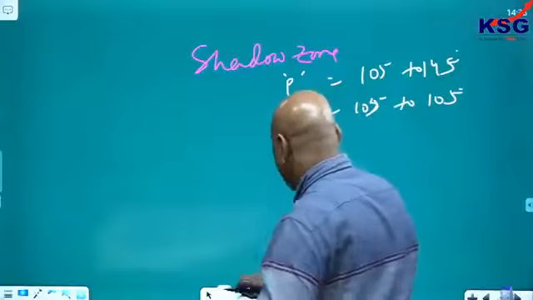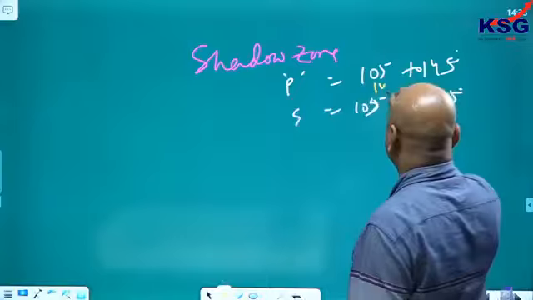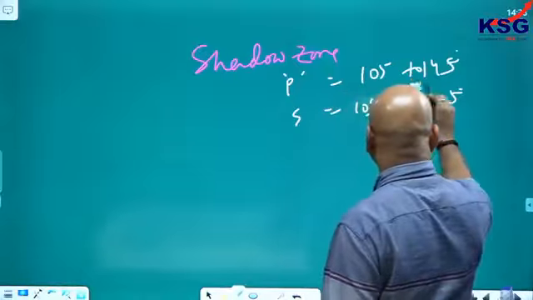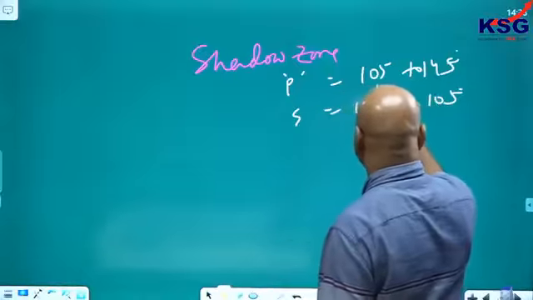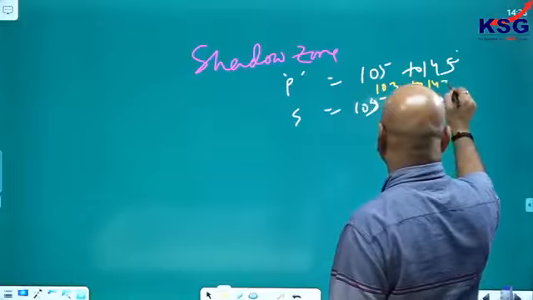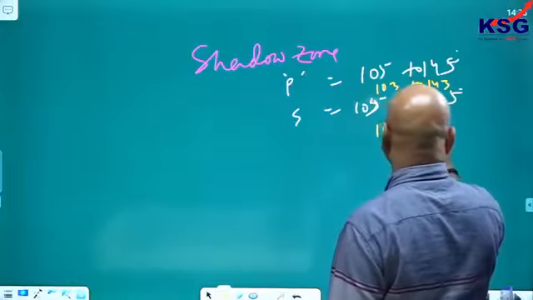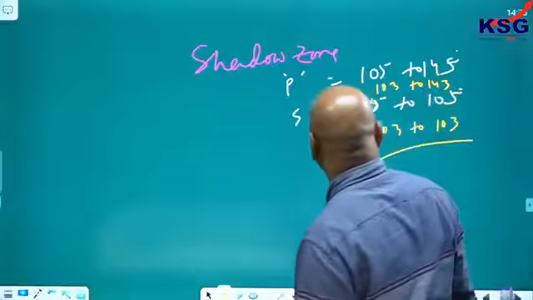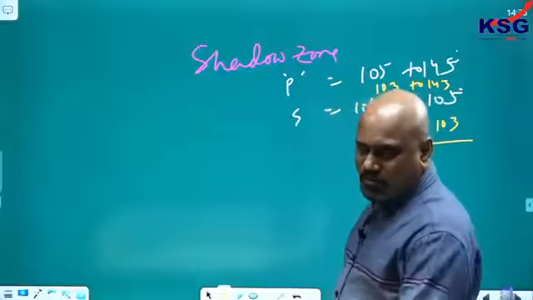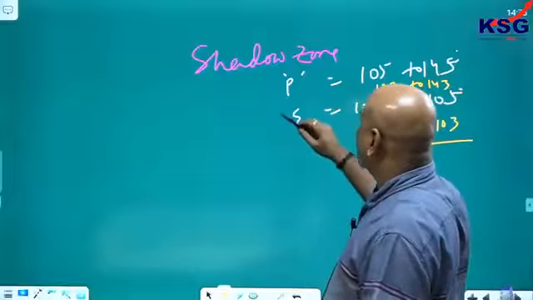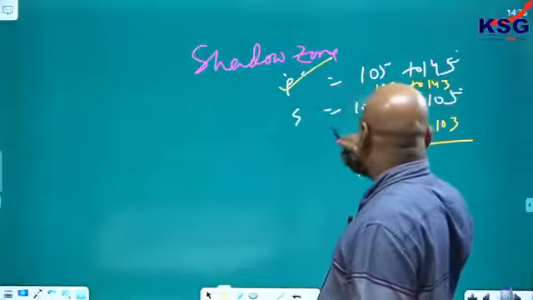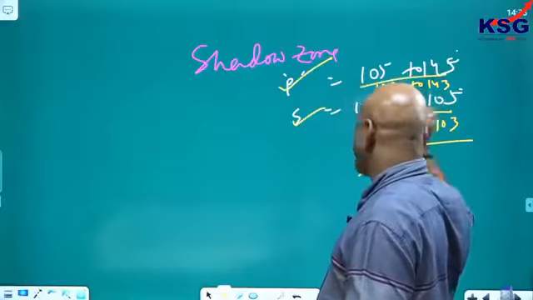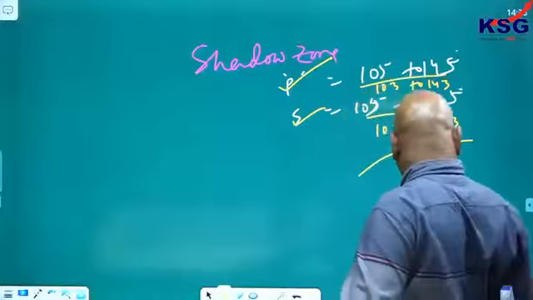Or we can even write 143 to 103. In some books it is 103 to 143. 103 is given in some places, but it is not completely acceptable here. So you go for this, and you go for these two. You will get it.